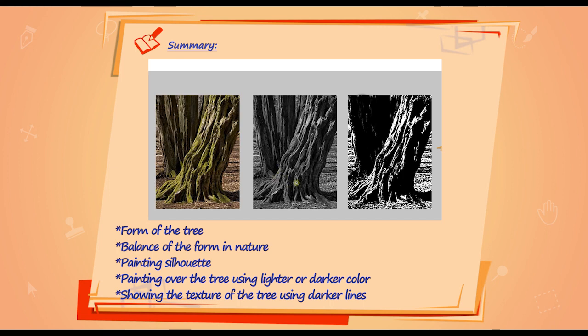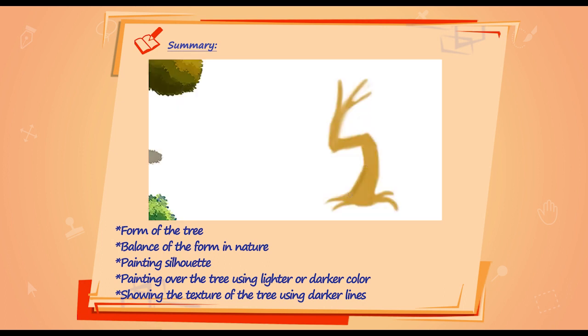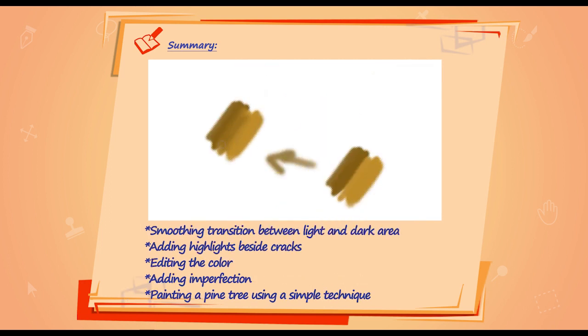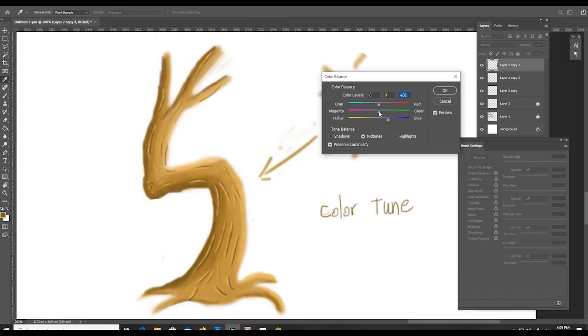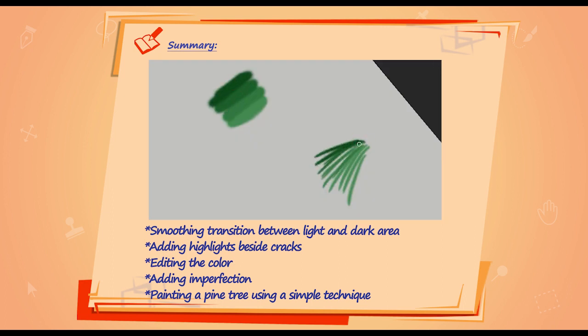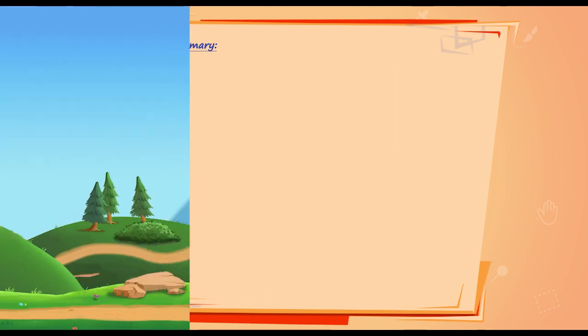We first talk about form of the tree, balance of the form in nature, painting silhouette of the tree, painting over the tree using lighter or darker color, showing the texture of the tree using darker lines, smoothing the transition between light and dark area, adding highlights beside cracks, editing the color, adding imperfection, and we also talk about painting a pine tree using a simple technique in this video.